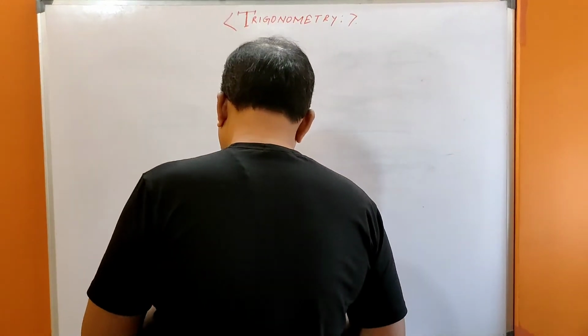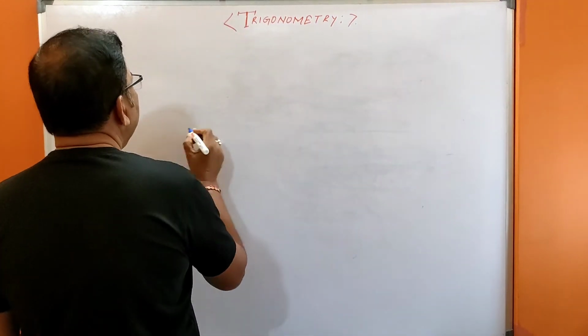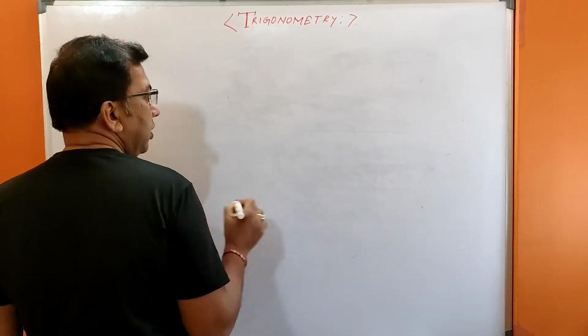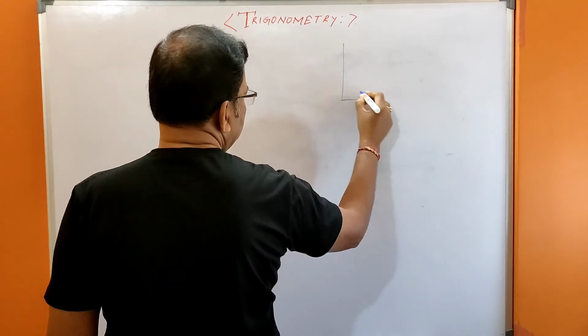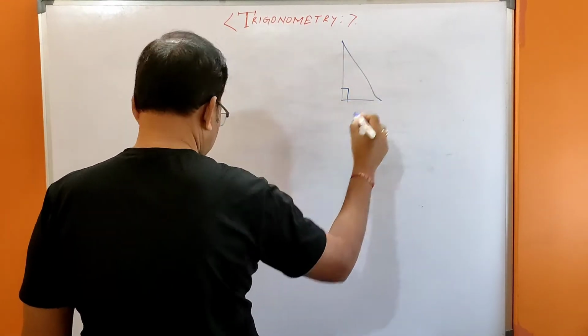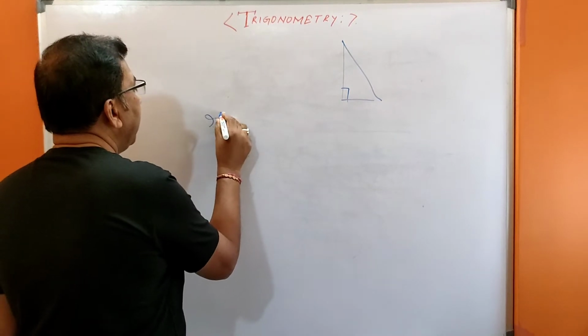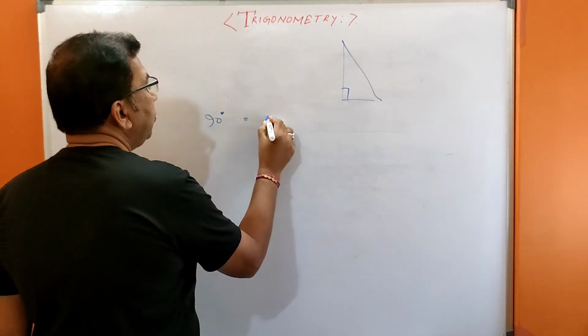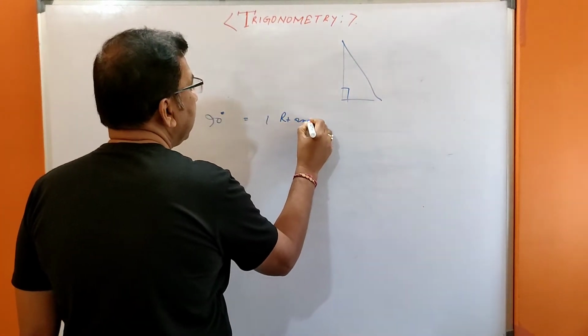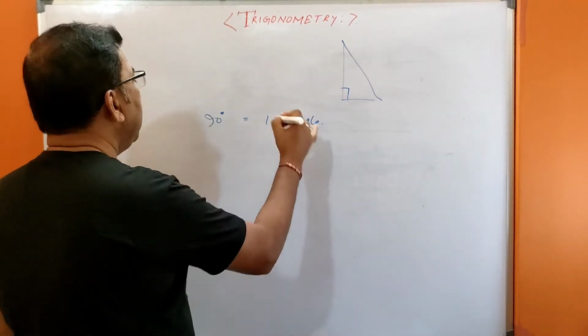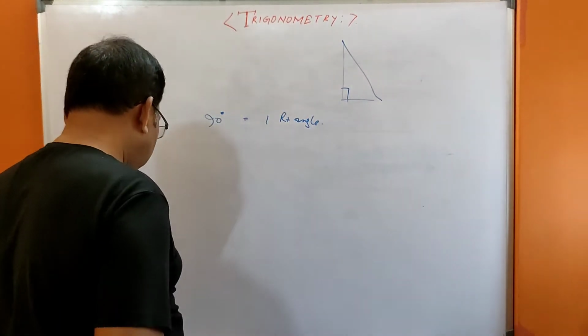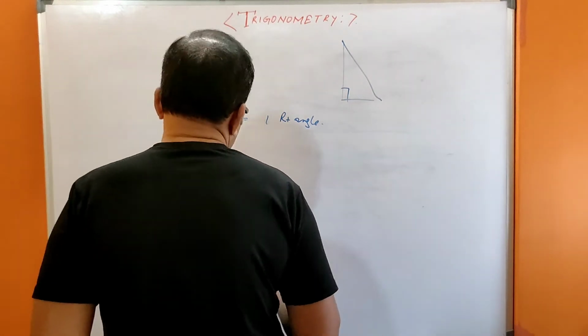That is one right angle. Right angle equals to 90 degree. This degree equals to one right angle. Mind, note it down.